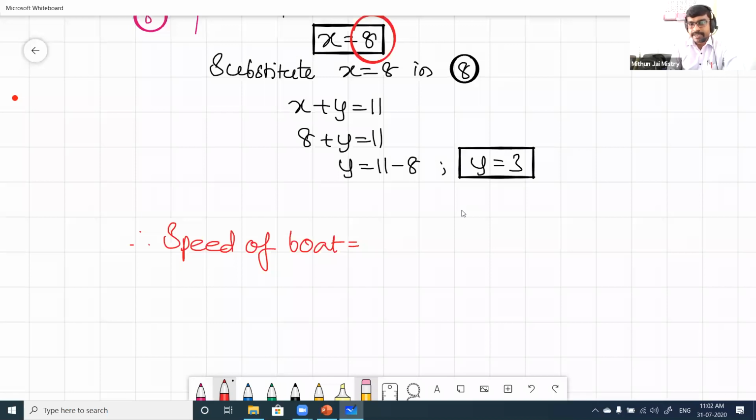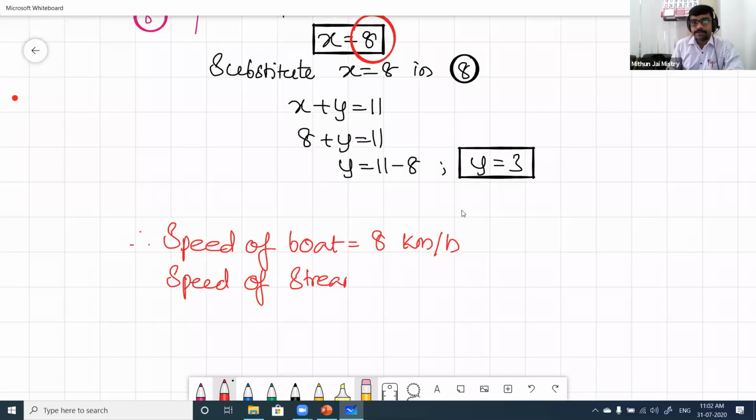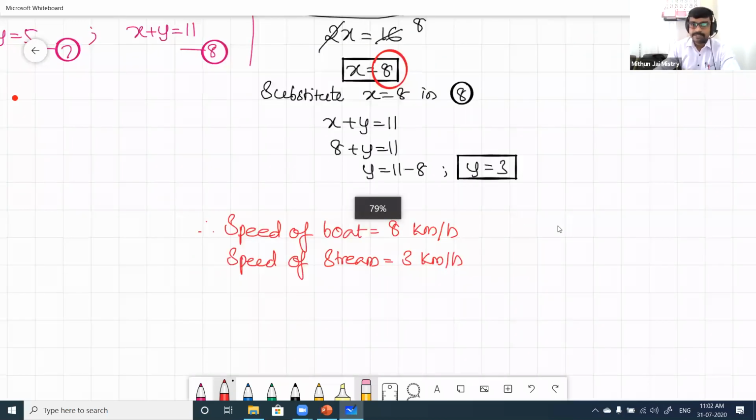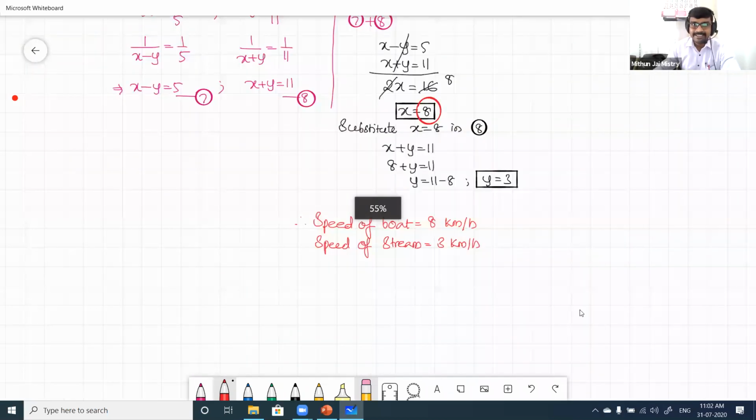Speed of boat is equal to 8 kilometer per hour. And speed of stream is equal to y, which is the flow of water, and y we got as 3 kilometer per hour. Now I am done with the first solution.